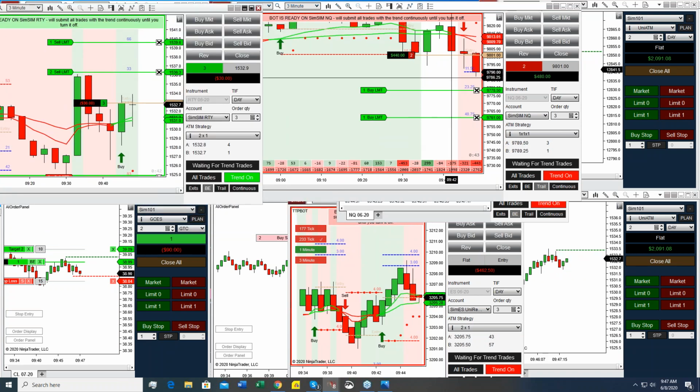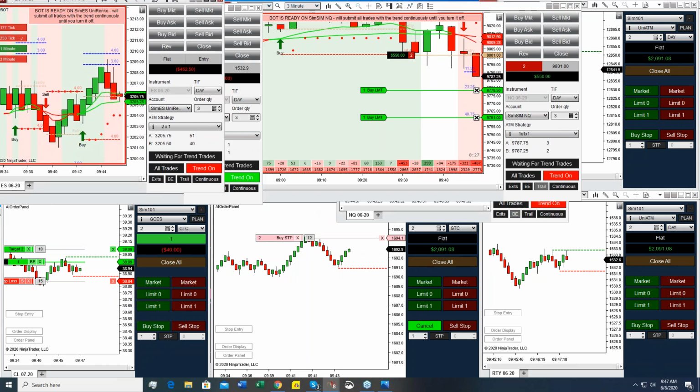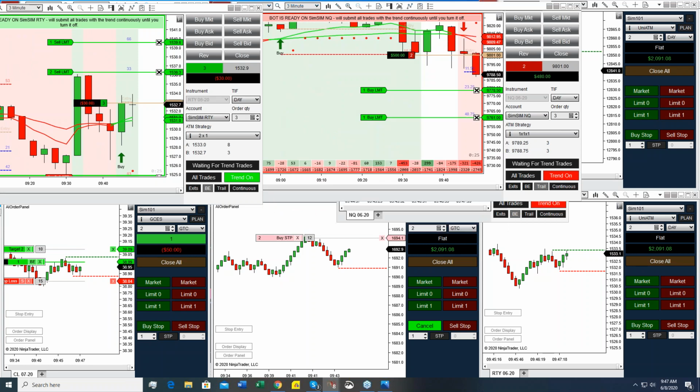Here comes the NASDAQ trying to get the second target at 23 handles. This took the stop or the trail. Target filled.